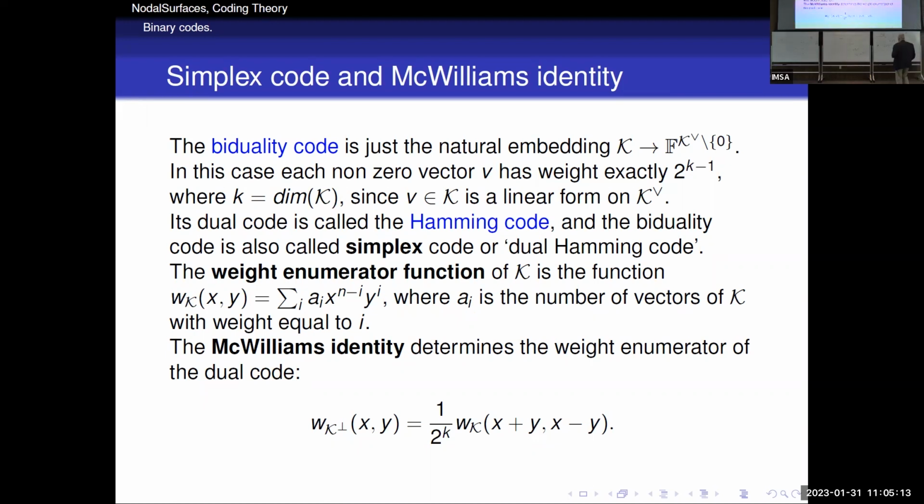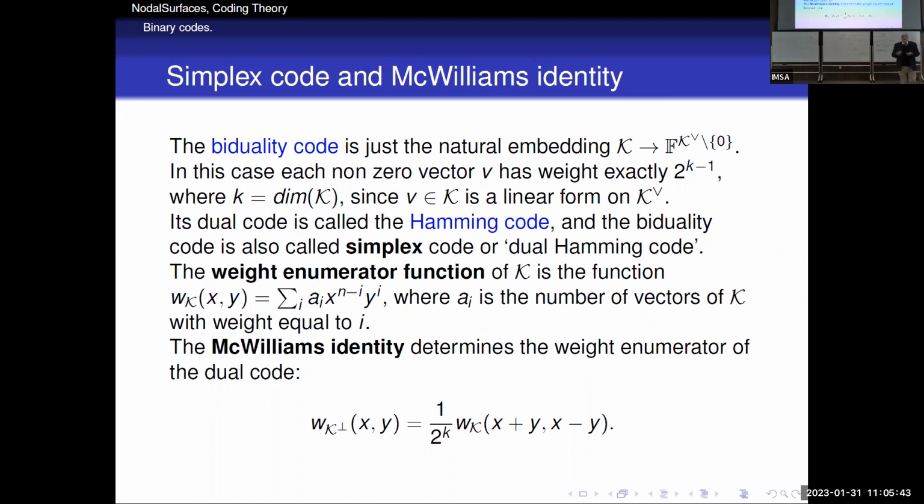So the simplest code says the following: K gives some functions defined on the dual of K minus 0.